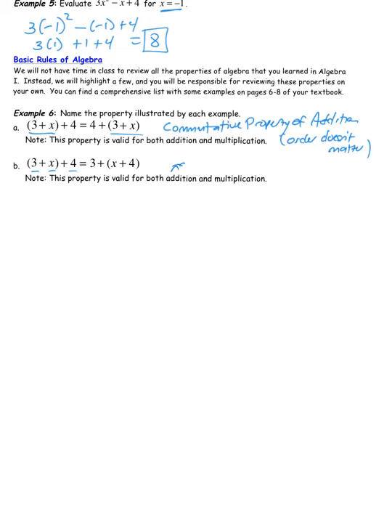And so this property is the associative property. And that tells us that we can regroup terms. If you associate with someone, that's someone that you like to hang out with. That's someone in your group. So the associative property allows us to regroup terms.